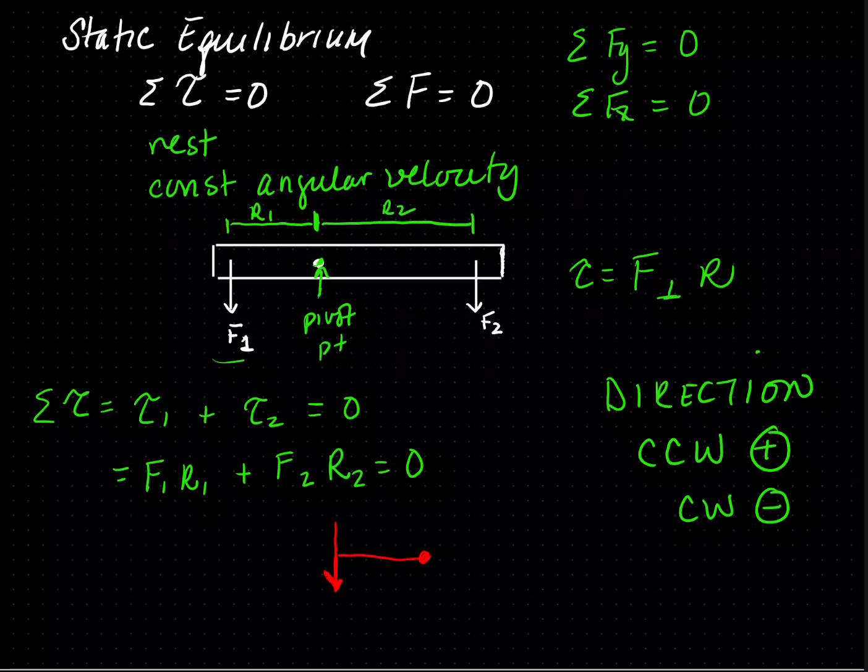If I push this lever down in the direction of the force, this object is going to rotate counterclockwise. Therefore, this torque is positive. If I look at F2, my pivot point is here, and my F2 is given on the right of the pivot point. So if I push on F2, it will rotate clockwise. Therefore, this one will be negative.